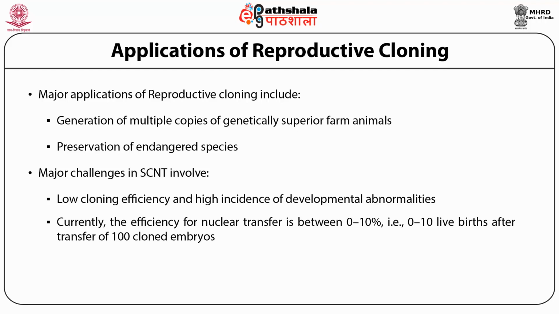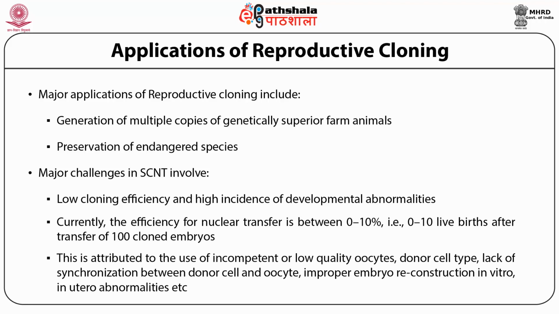Besides this, there can be other limitations too, like low quality of oocytes, lack of synchronization between donor cell and the oocyte, improper embryo reconstruction in vitro, and definitely an improper or abnormal in vivo development of the embryo. All these make reproductive cloning a rather tedious technique.